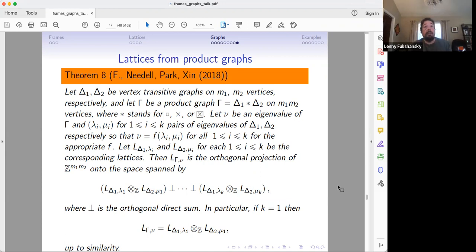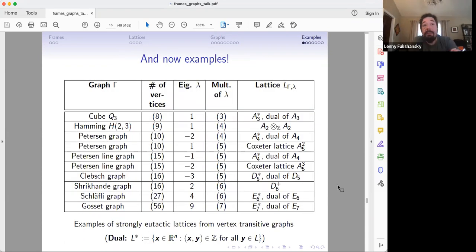Okay, great. Now let me show you some examples. These are some famous graphs, and famous graphs produce famous lattices. That's how it seems to work.